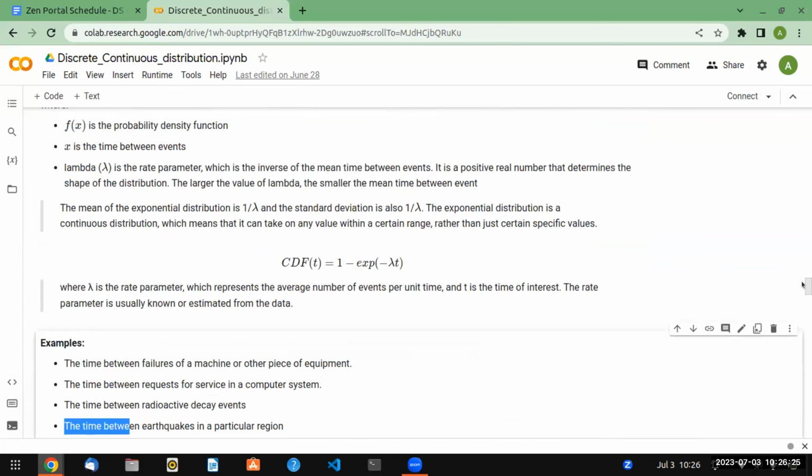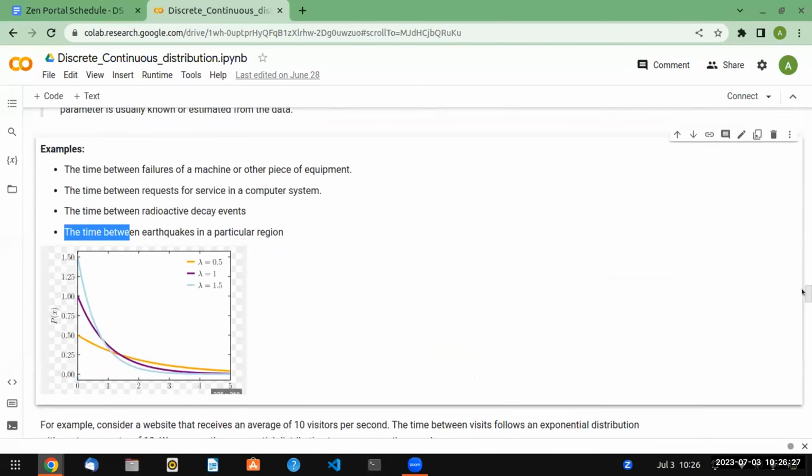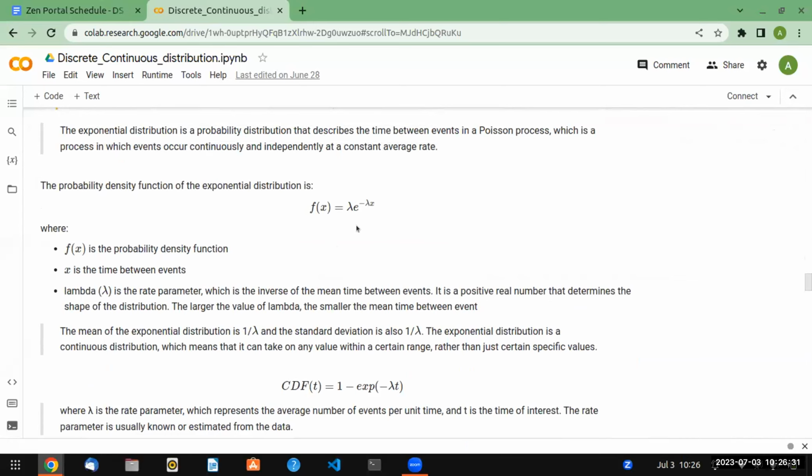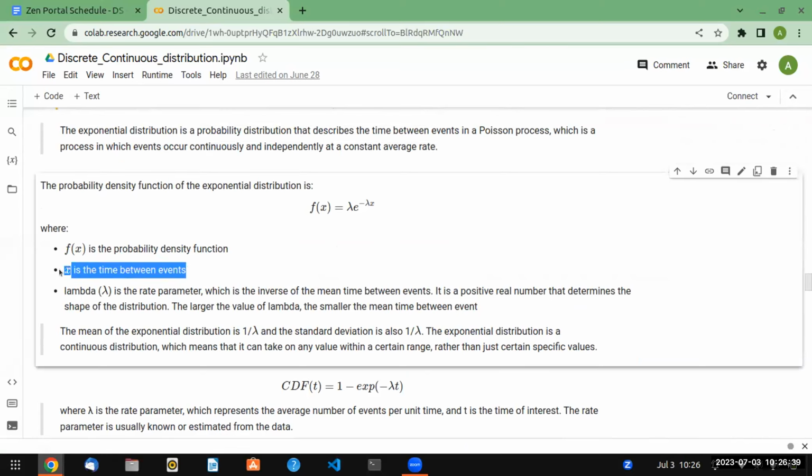Now let's try to understand the mathematics. f(x) equals lambda e to the power minus lambda x. What is x here? Time between the events. Consider a service request to a call center.